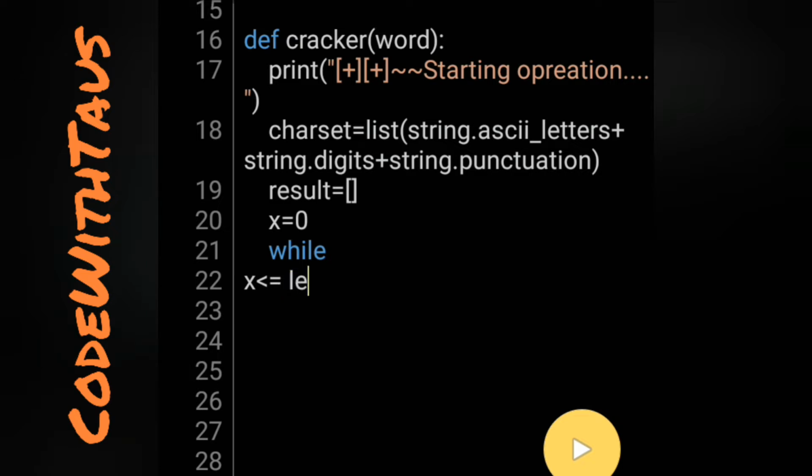Now we are setting some conditional statements. These conditional statements are very important in this software because the whole software is dependent on the conditions. Now we are writing for char in char site.